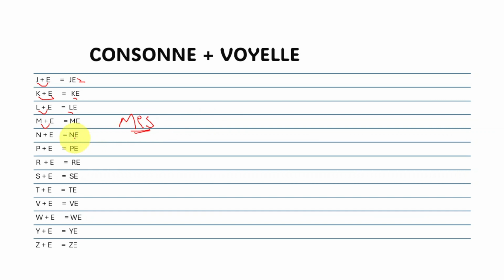Here it sounds like ne. For example, let's say you want to say je ne veux pas en français. Here it sounds like the negative ne. Here it sounds like p. It depends if you put an accent in some situations. If you put an accent grave or accent aigu, it depends. You can write père, mère, but it's not the same because it depends.